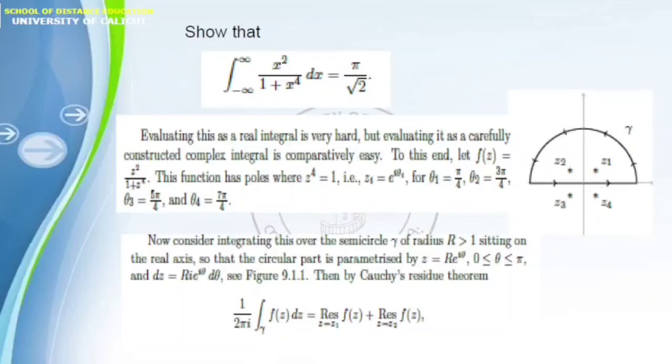So we can rewrite the function as f of z is equal to z square by 1 plus z raised to 4 and find the singularities of that function.